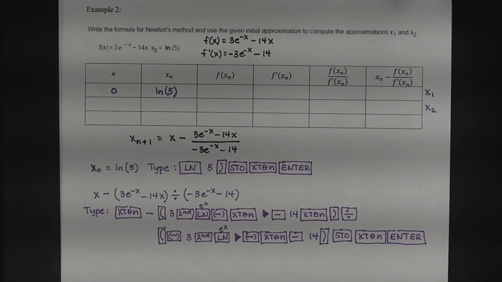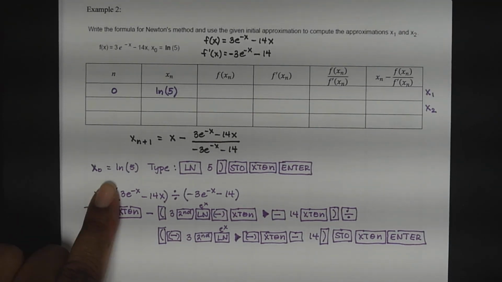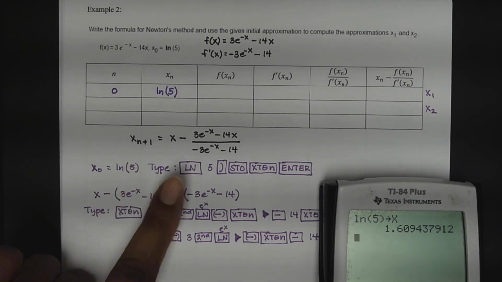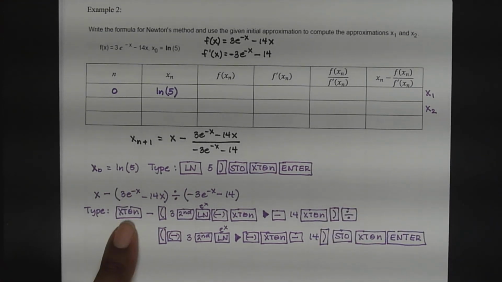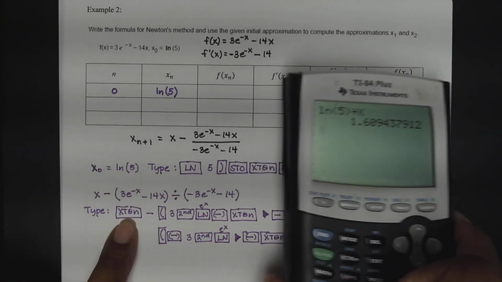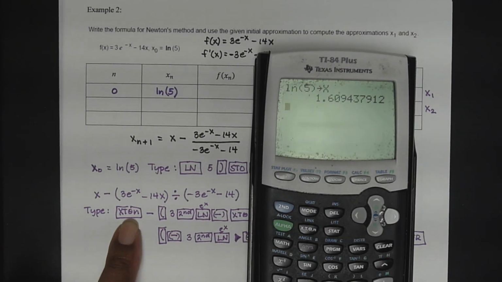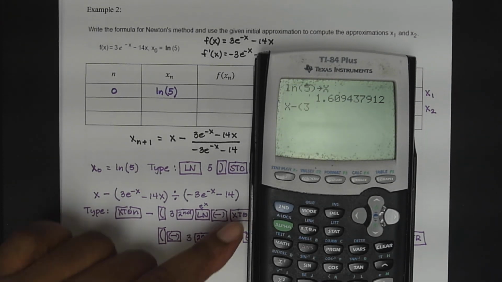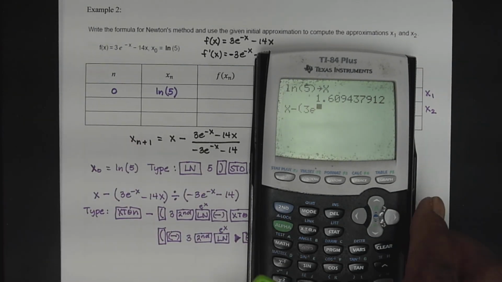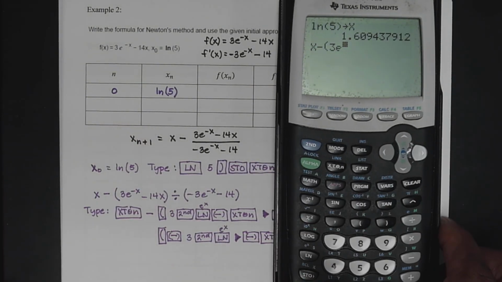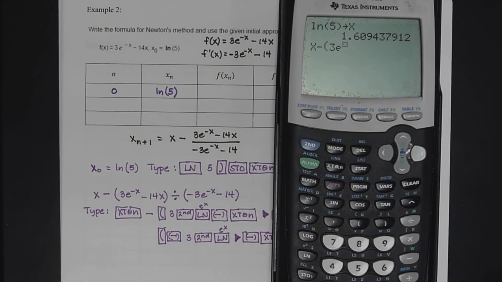Okay, so let's start with this right here. We've already got this stored. Now we're going to go ahead and enter this in using our keystrokes here. And do pause the video if you need to. We'll start with the X,T,theta,n for the x, minus, then left parentheses, 3, and then second ln for e to the exponent.